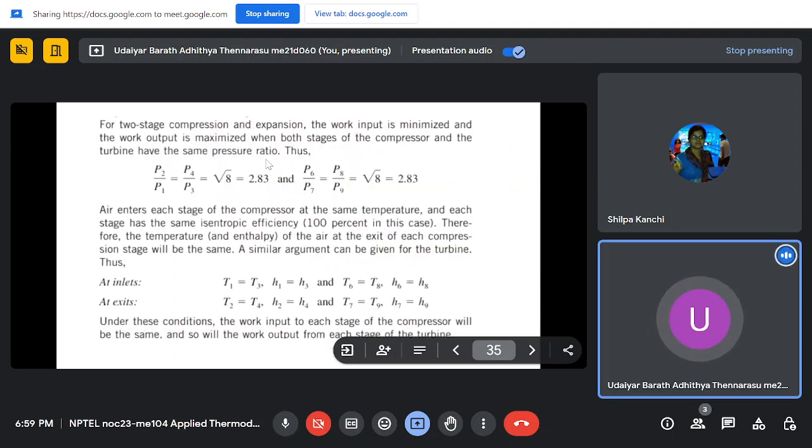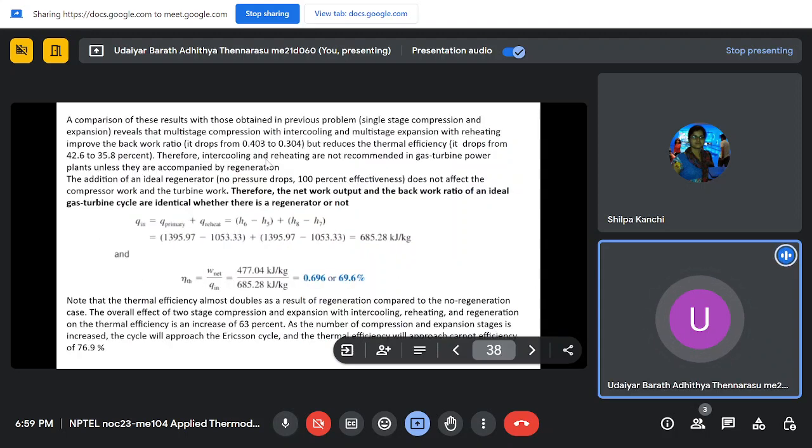So there we saw for an ideal cycle for a single stage we got efficiency of 40.3%, and now we see that there's a drop in efficiency. So using an intercooler and reheater, as I told previously, may not always result in an increase in efficiency. As you can see here, it has reduced from 40.3% to 30.4%.